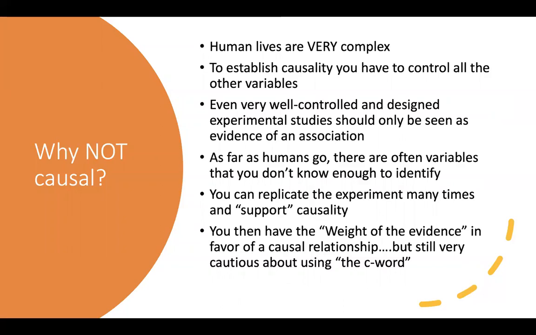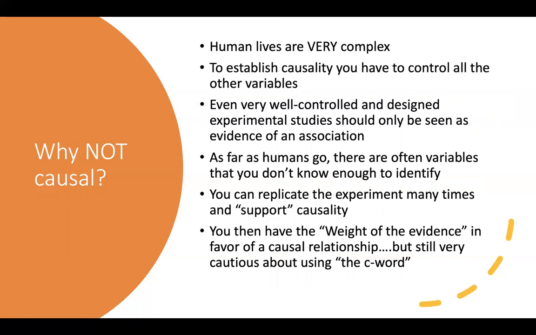Therefore, the manipulated variable is what is responsible for the change. That is the ideal. So the change in the experimental group resulted from the manipulated variable, not from anything else, because it was controlled for in both groups. In other words, the control group had all the same things except for that one, the manipulated variable.